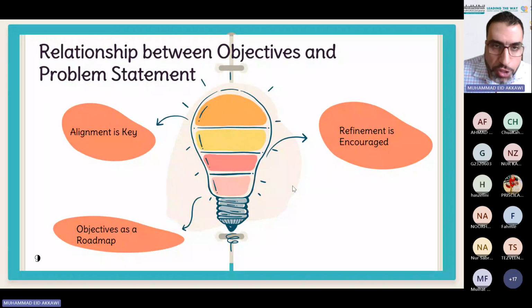What is the correlation now, the relationship between the objectives and the problem statement? We will start with the problem statement and then we will have our objectives. So number one, alignment is the key. Again, your objectives should tally with your problem statement. Think of them as a roadmap, a plan, a guide on how to achieve your problem statement.